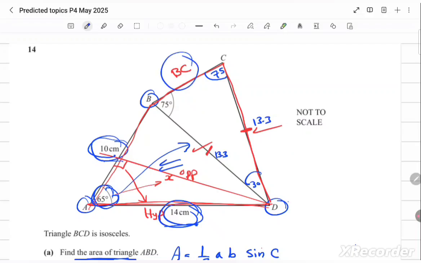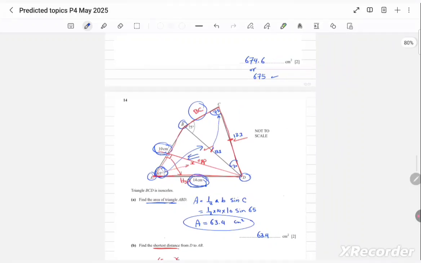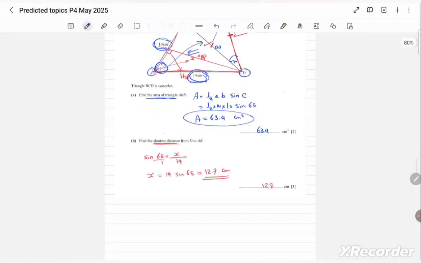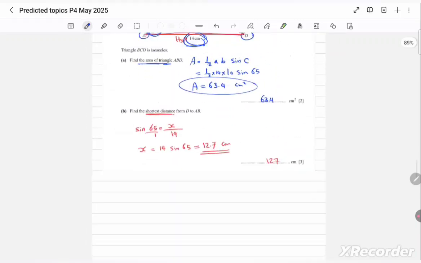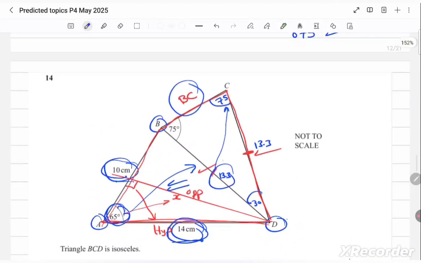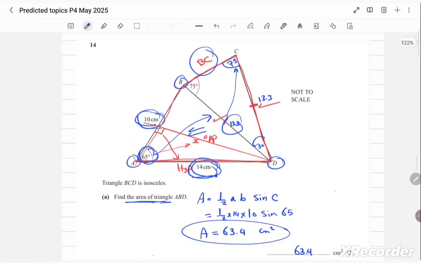We need to find BC. How to find BC? I have a side and I have the opposite angle. I can use sine rule. Okay, actually, since it's isosceles, you may also use another method. You may divide it into two triangles. You may do that. Okay, or sine rule. So in sine rule, you use side divided by sine of the opposite angle.